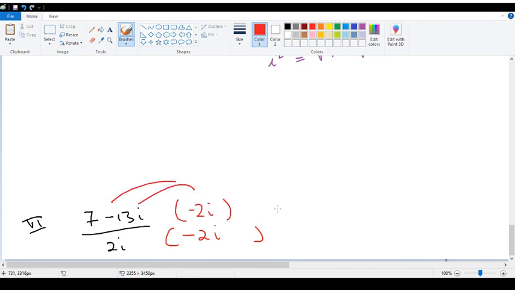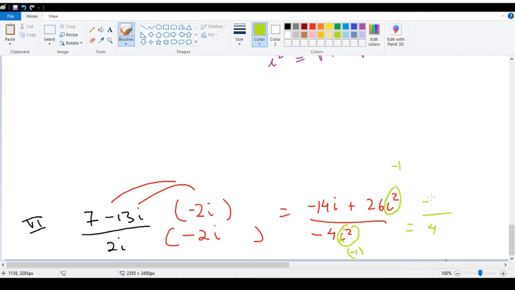Same thing, distribute, so you get negative 14i plus 26i squared all over negative 4i squared. Notice that i squared is just negative 1. So negative 1 times negative 4 is positive 4. Same thing right here, that's negative 1.